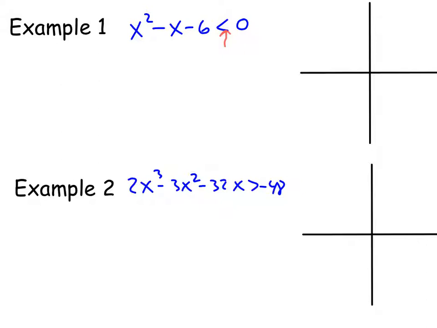This is a less than sign. What numbers can we put in that quadratic that will give us negative y values? Again, that's because it's less than 0.